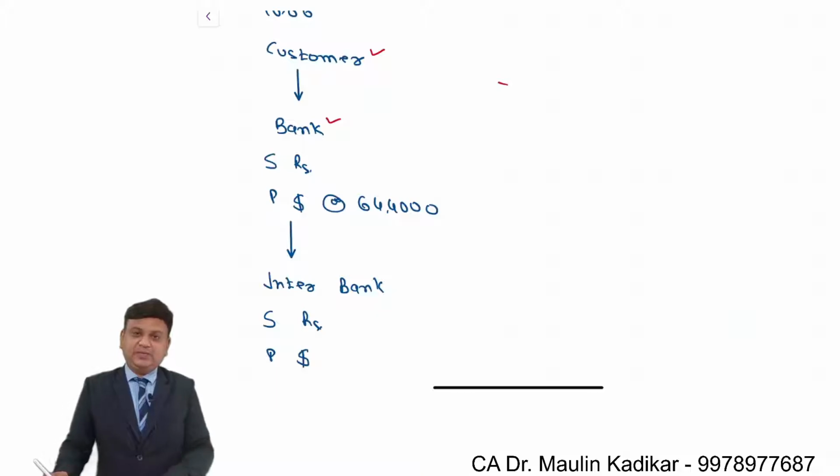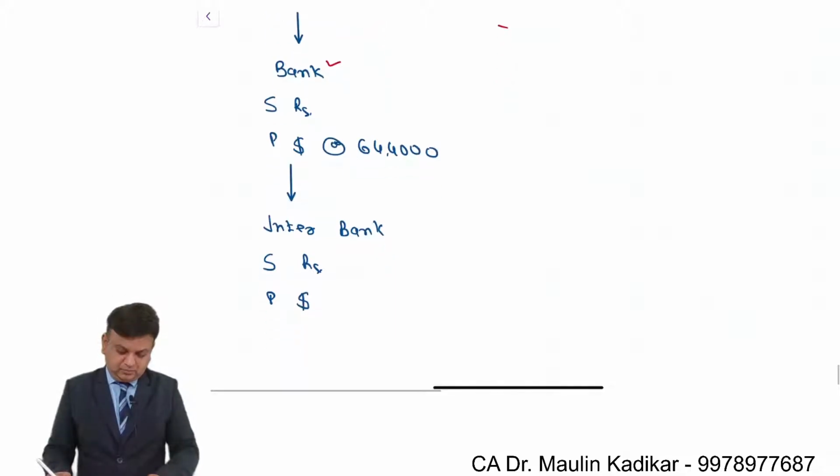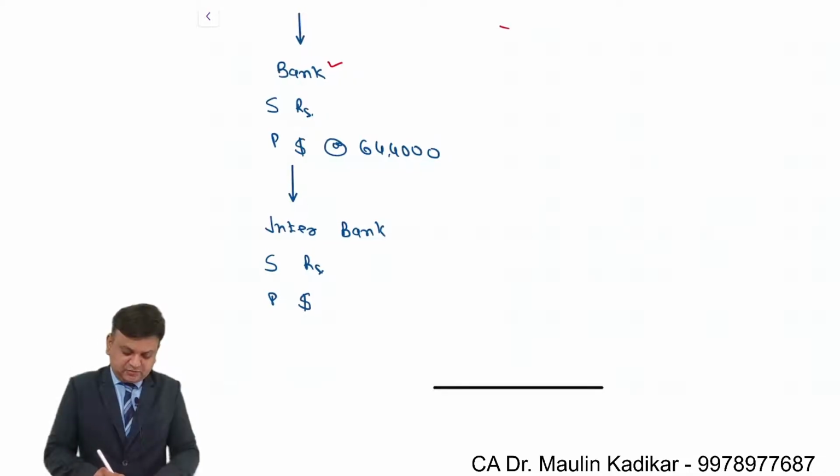The language of the question speaks that it is an importer customer. It means the customer must have imported goods and for that it is required to make the payment. So it has entered into a forward contract for conversion of the rupees into dollar.